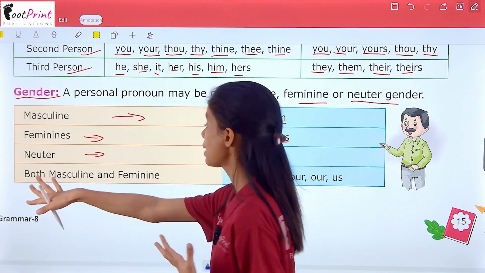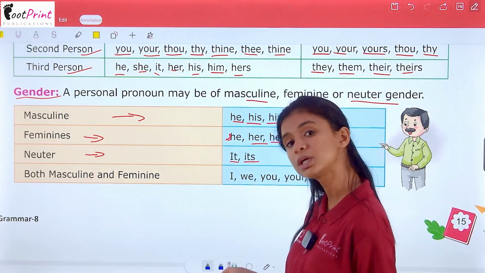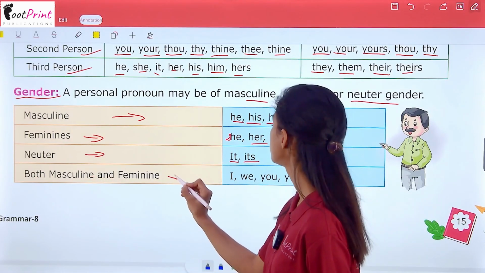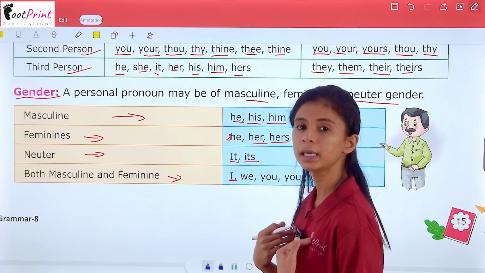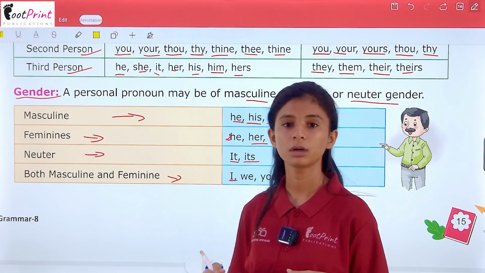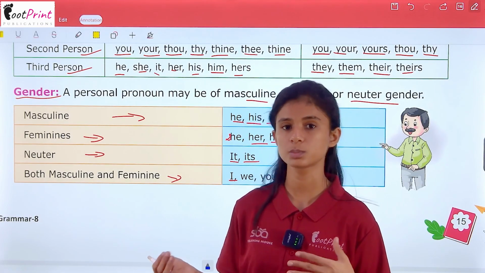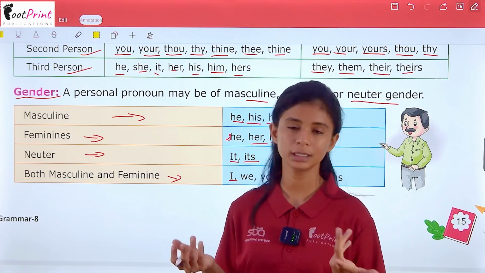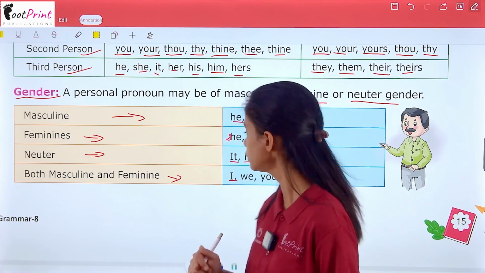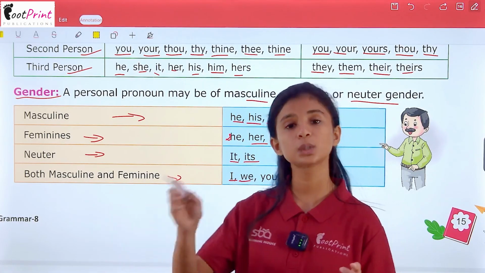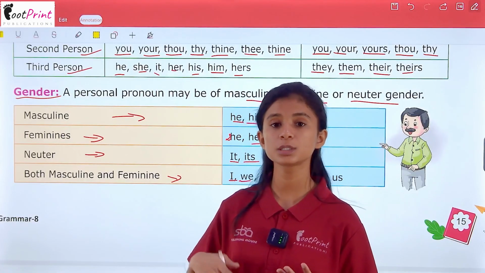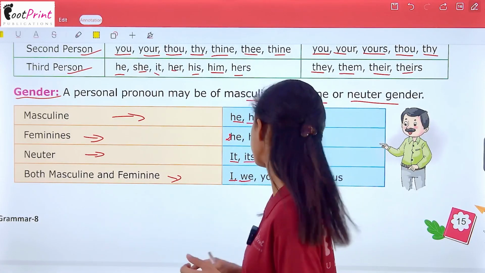And there can be both genders together also. How? I am a girl, or someone else who is talking becomes an I. He or she can either be a girl or a boy. Very simple. We as a group can be a group of girls, boys or both together also.